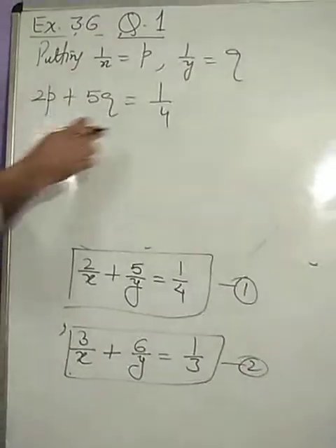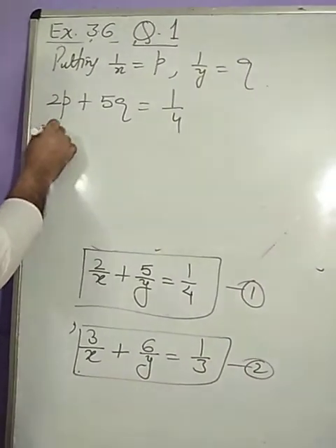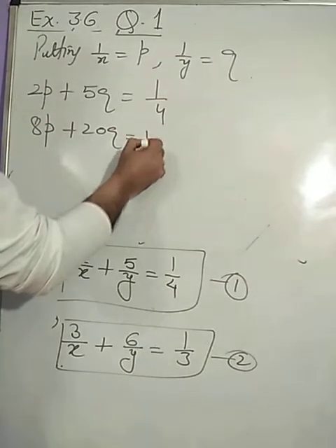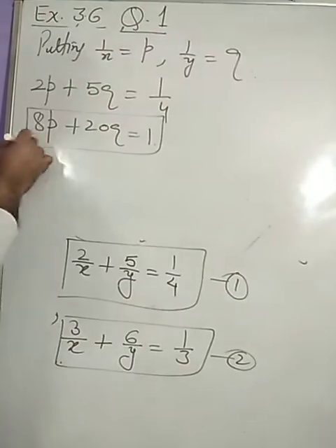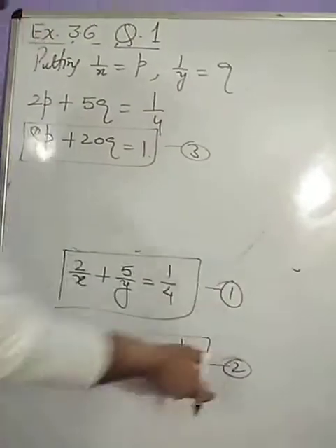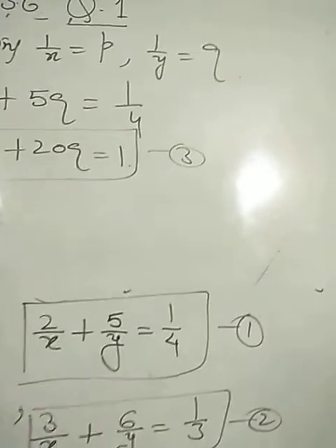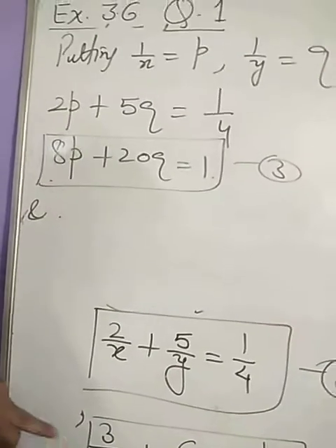Cross multiply this 4 to this side, multiplying with both the terms: 8P plus 20Q equals 1. Take it as equation number 3. I have numbered these equations 1 and 2. Now this is 3, and from the second we'll get the fourth equation.